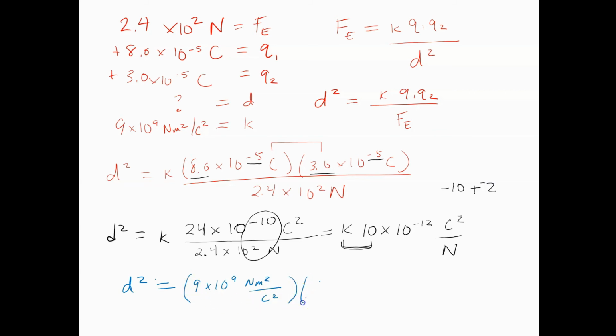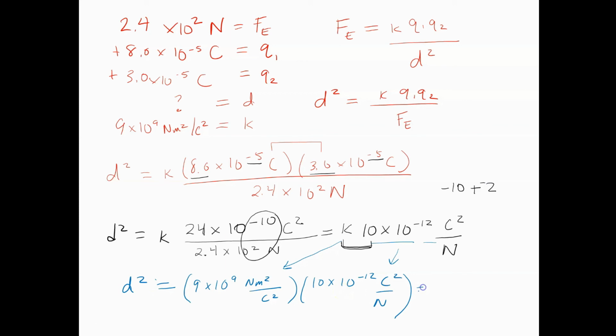And that will be multiplied by this 10 times 10 to the negative 12 coulomb squared per newton. So I've just copied this down here and replaced the value for K. That's what this step is.